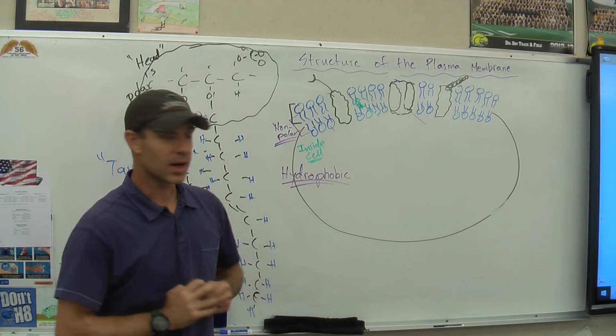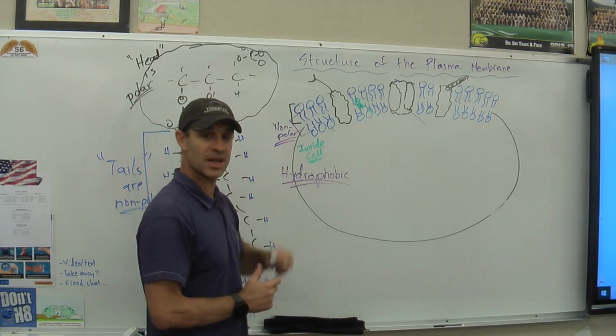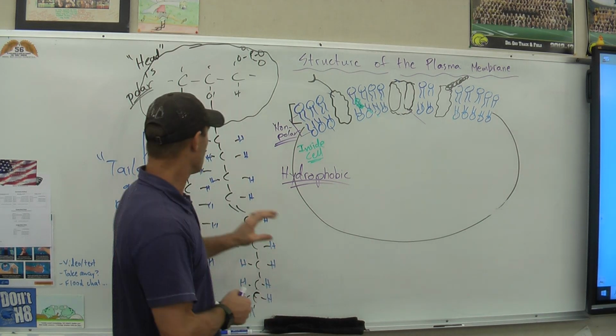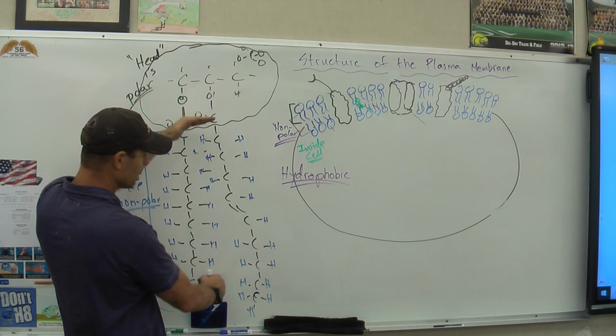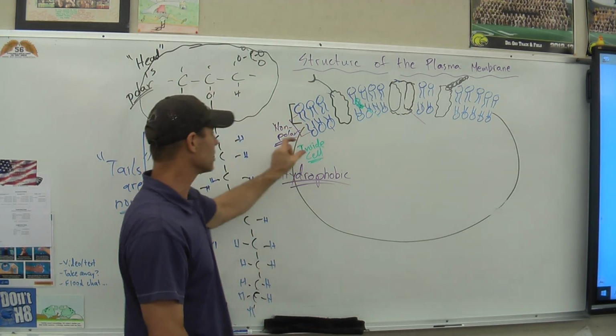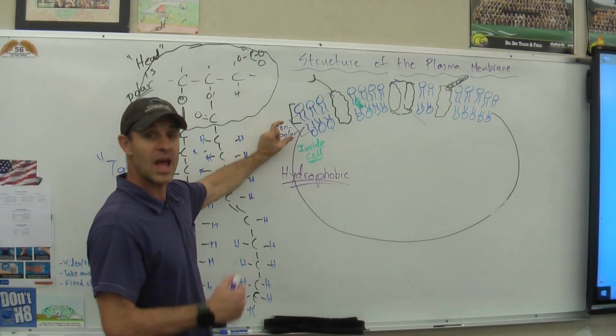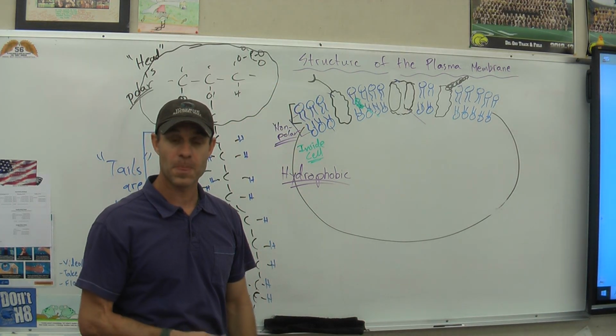Doesn't like water. Anything like water, anything that's polar, would be repelled by that nonpolar region. So its structure is comprised of these long nonpolar tails, which affect its function, which is to create a nonpolar region and block polar molecules from getting in and out of the cell.